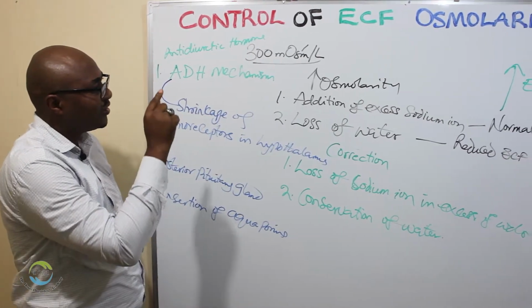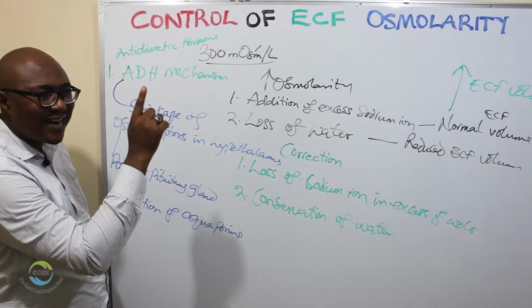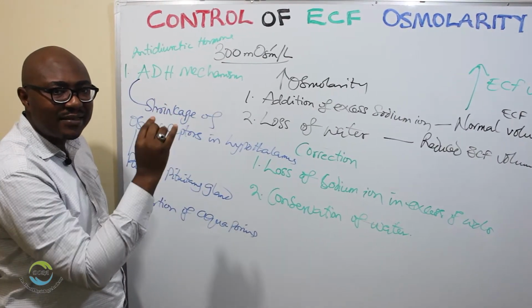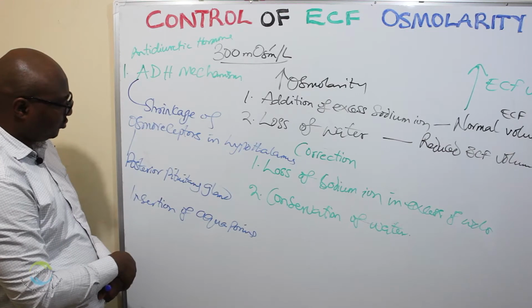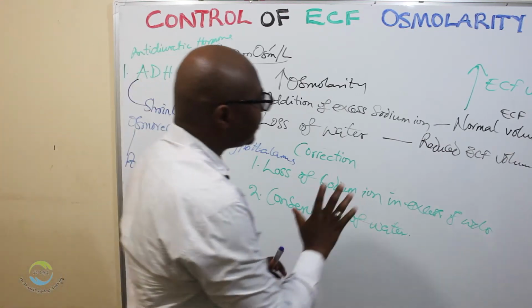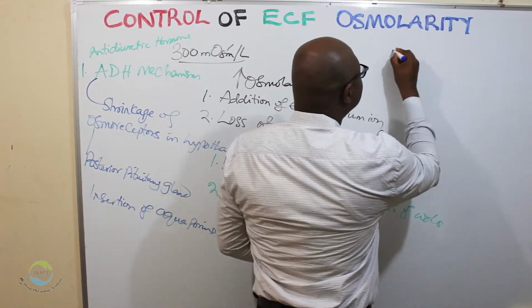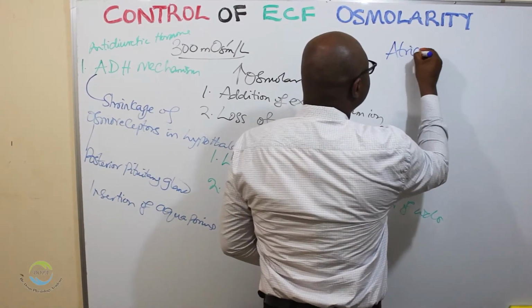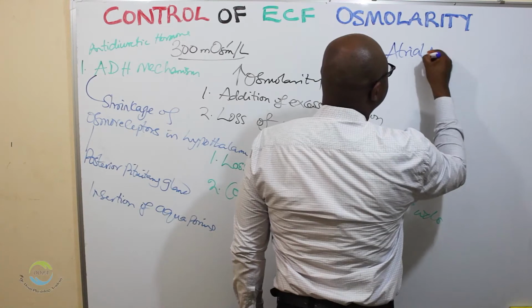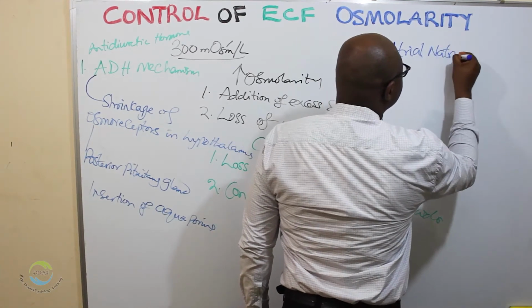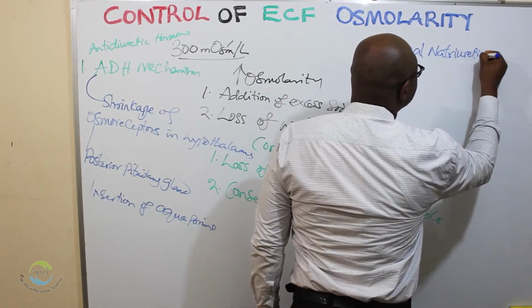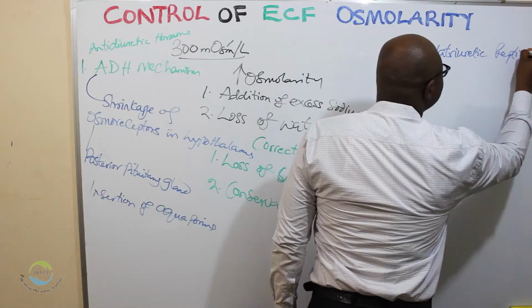It's called the Atrial Natriuretic Peptide mechanism. Okay? So let's write it somewhere. It's what we call atrial natriuretic peptide.